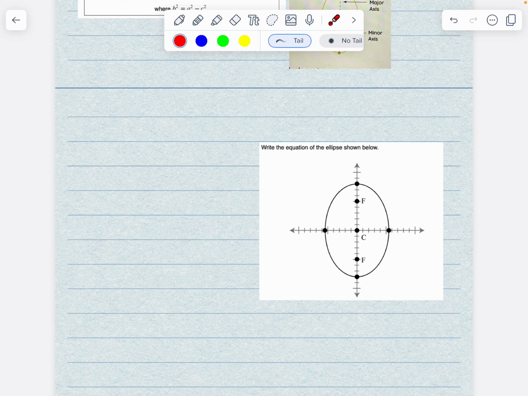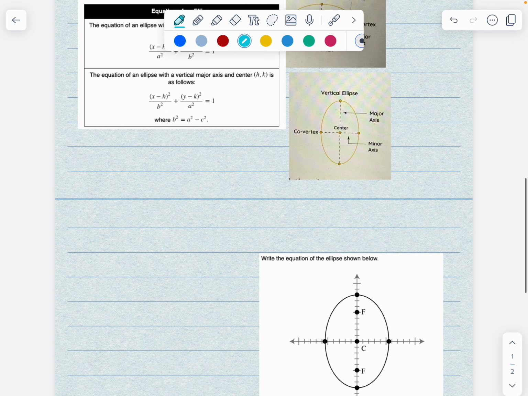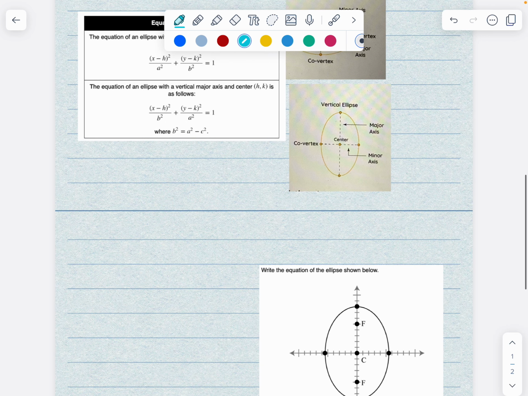So what kind of questions can you expect? Here is an example of one of them. You have a graph given to you with various points that are marked, and you're asked to find the equation of the ellipse. You can already see that the major axis is on the y, so this is a vertical ellipse.